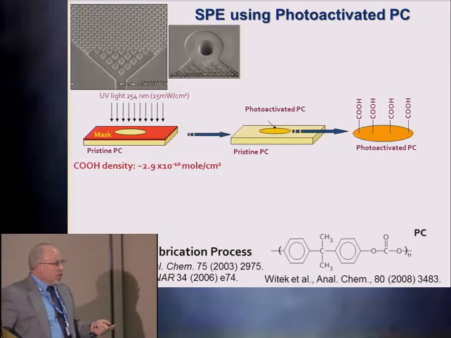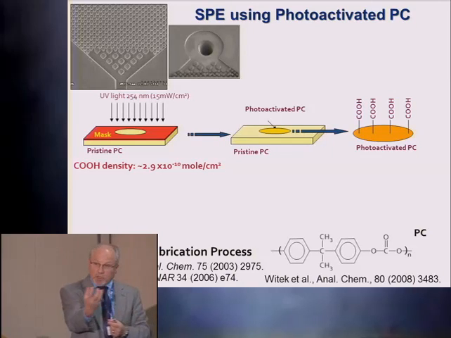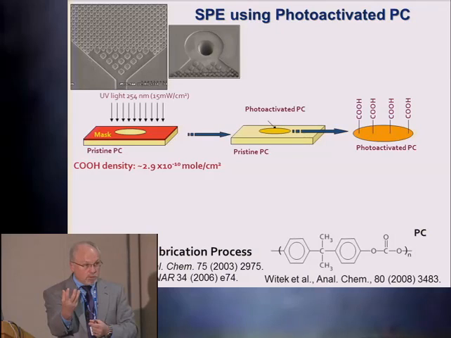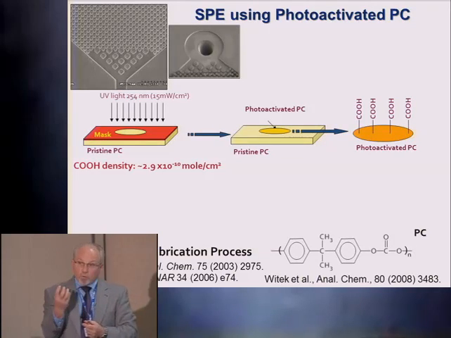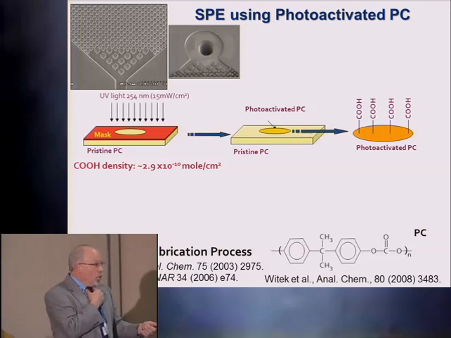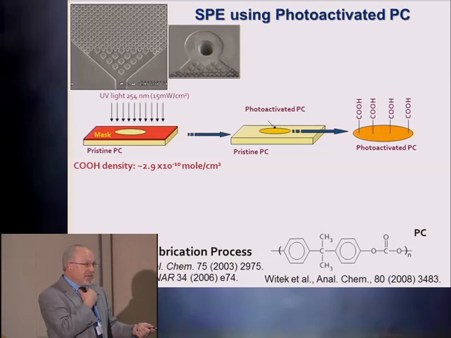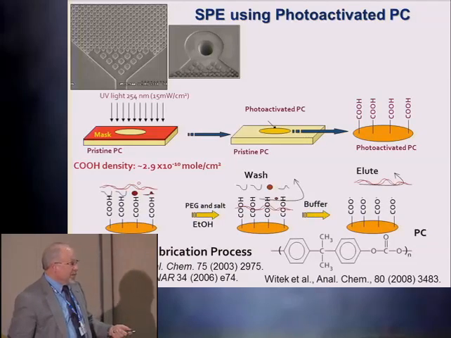Well, what we can do is take polycarbonate and expose that to UV light. You can take a solution of nucleic acids and suspend it in an immobilization buffer, and that immobilization buffer is polyethylene glycol and sodium chloride. Those nucleic acids have a tendency to condense onto that photoactivated surface. And that's shown in the next panel here.